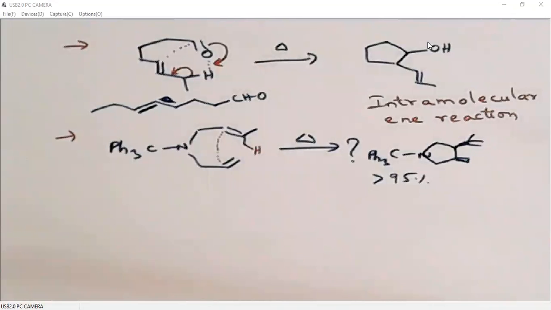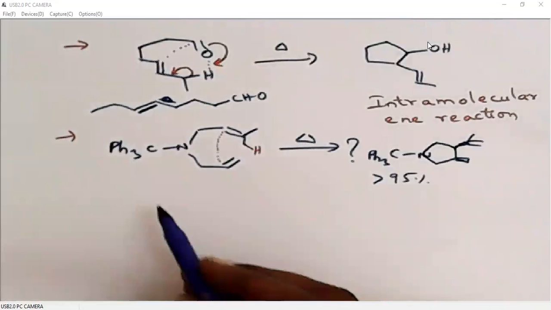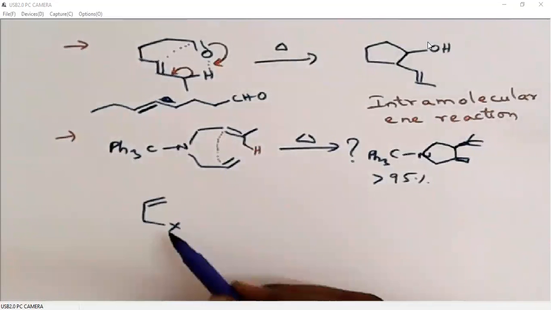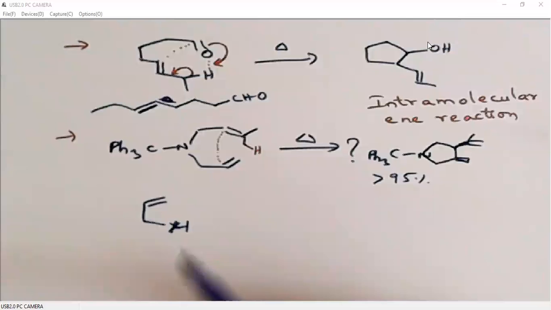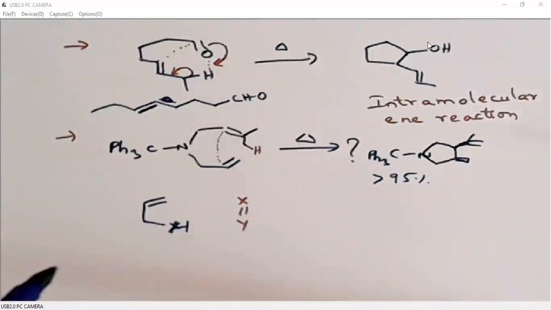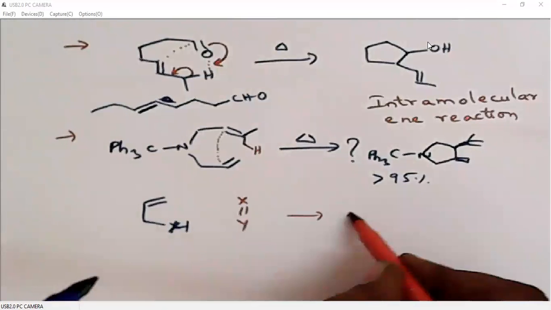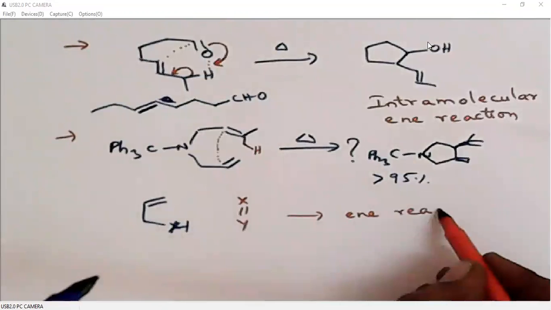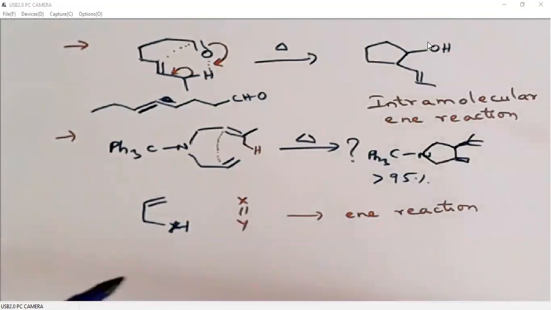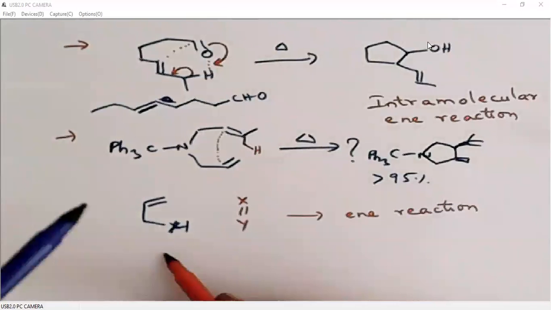When do we expect an ene reaction? An ene reaction can be easily expected whenever we have an allylic proton and an alkene or a double bond. What could this double bond be?